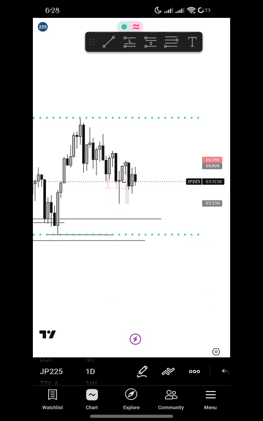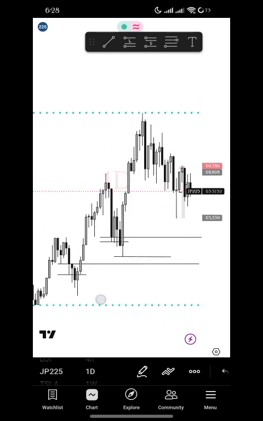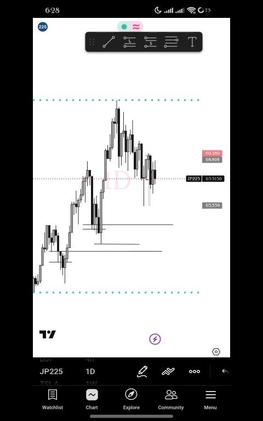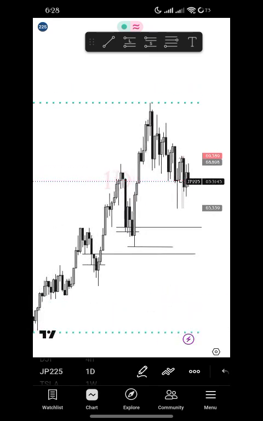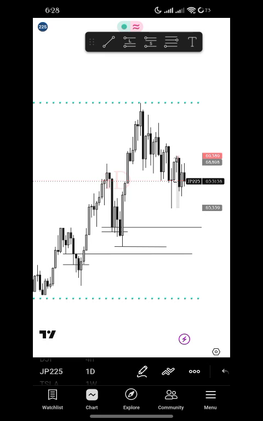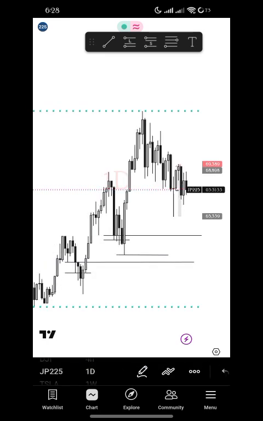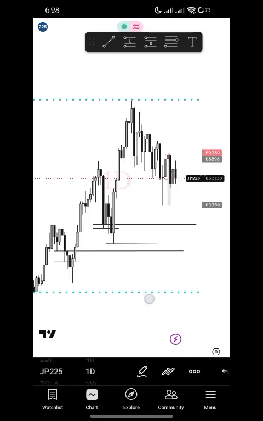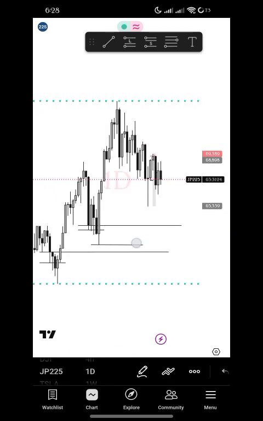The daily time frame on its own is giving us still a bullish trend, as I was saying. This was our V level. This was our draw on liquidity, and this was the miss that I was talking about.